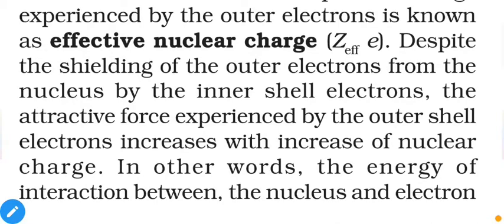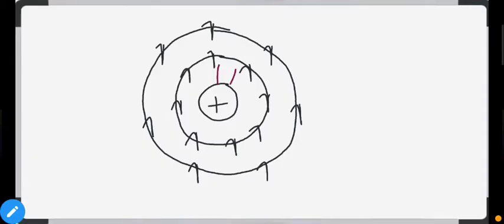As we observed in the image we discussed, suppose in this case this is our electronic configuration and this red line represents the attraction or effective positive charge provided from the nucleus. So let us say we have the second principal quantum number and then the third principal quantum number.